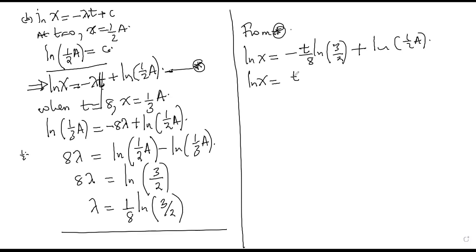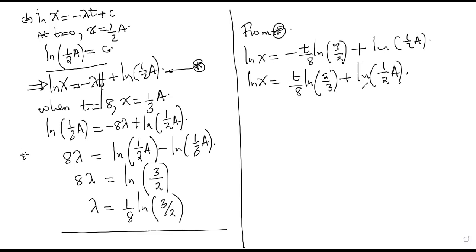So if I write positive t over 8, it means that within the ln, I will take the reciprocal, 2 over 3. You need to understand this math. Then plus ln a half a. When you change the sign, then you have to take the reciprocal of the variables of ln. Okay, so we are having this.